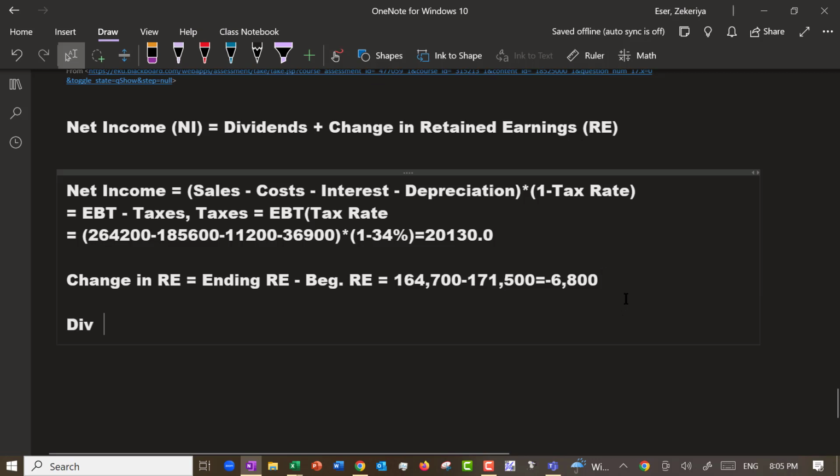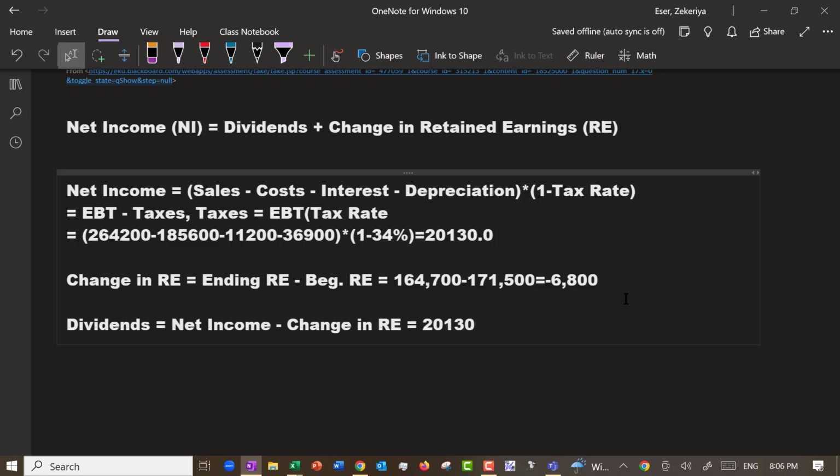Then dividends are actually net income minus change in RE, which is 130 minus, I know it's a plus, but I'm being anal about it, 6,800, 26,930.